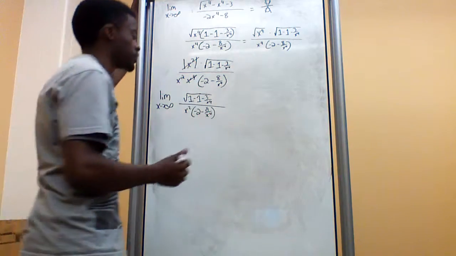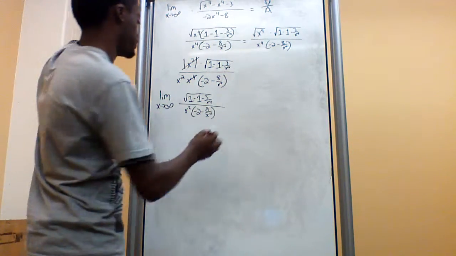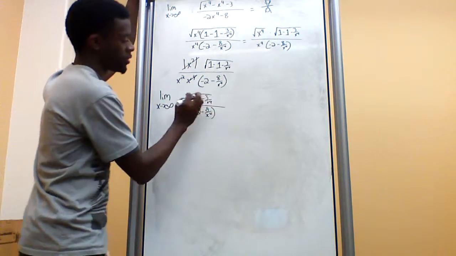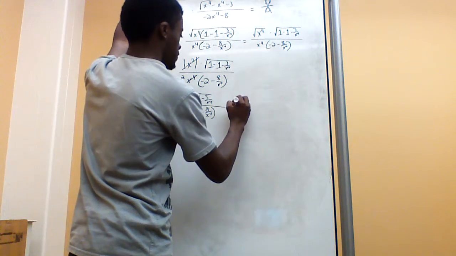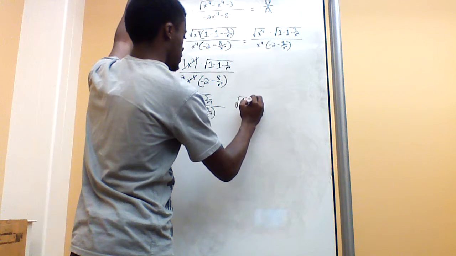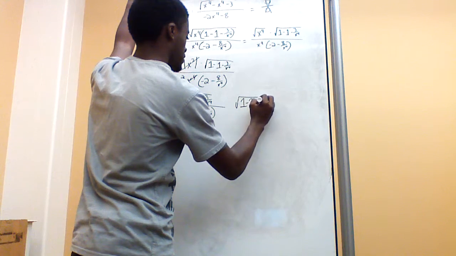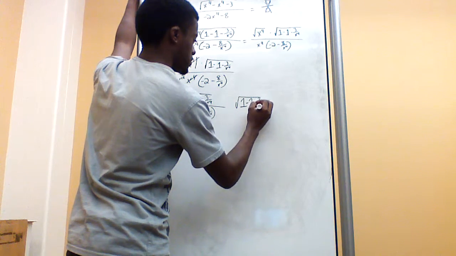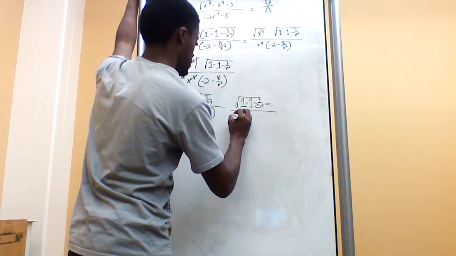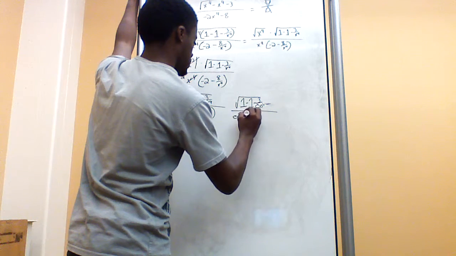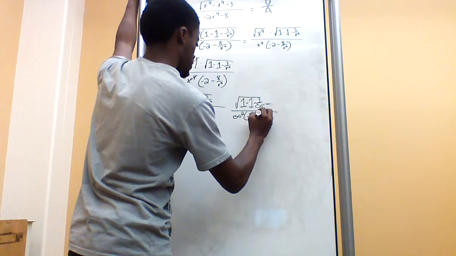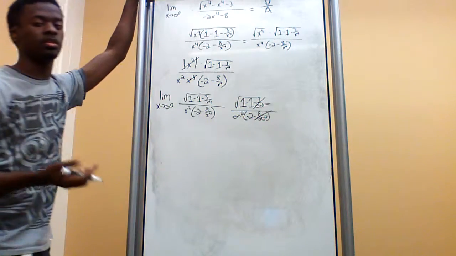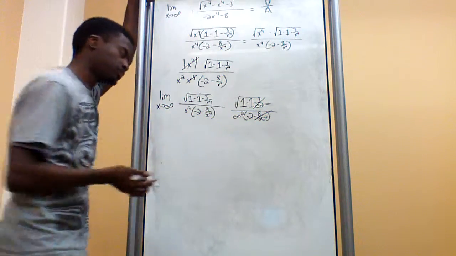Okay. And now we can direct substitute again. When we direct substitute, these are going to cancel out because anything divided by infinity is 0.